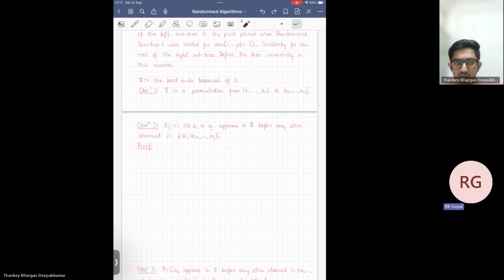So what this observation is saying is the following: Xij is equal to 1, that is, Xi and Xj are compared, if and only if the first element from this set which is picked as a pivot is either AI or AJ.